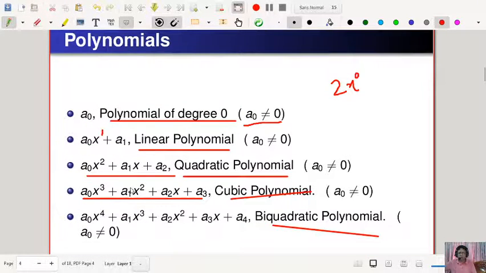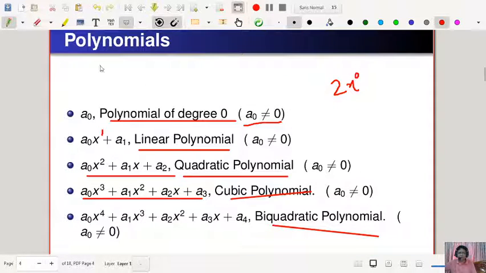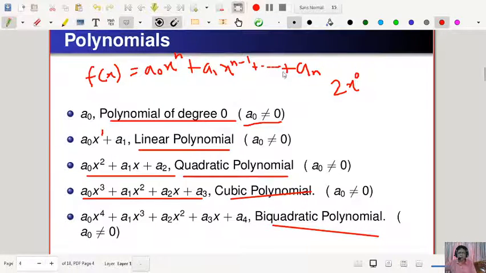And you have the concept of functions, so we can write this as a polynomial function. How will you write the polynomial function? a naught x to the power n plus a1 x to the power n minus 1 plus etc., plus an. So this is a polynomial function. That means if you give the input, you will get the output, right?